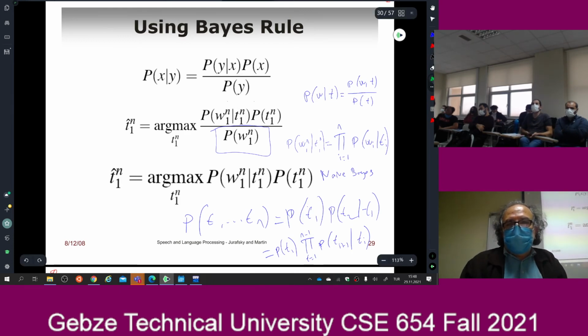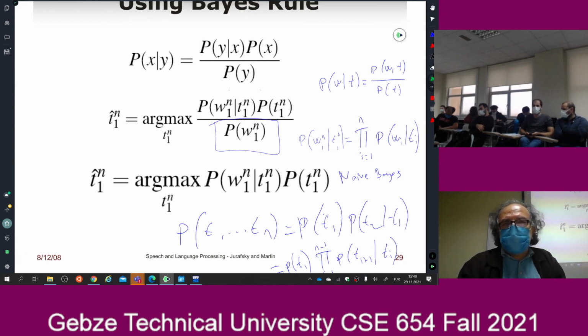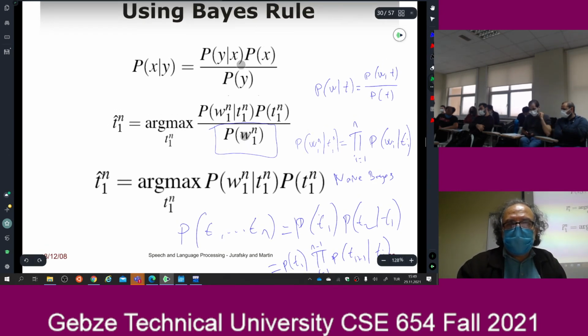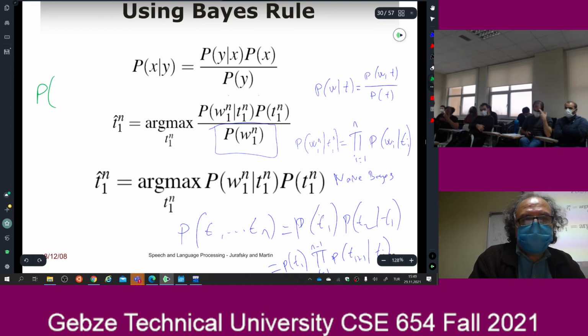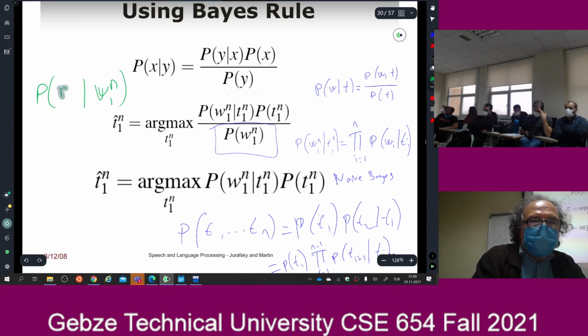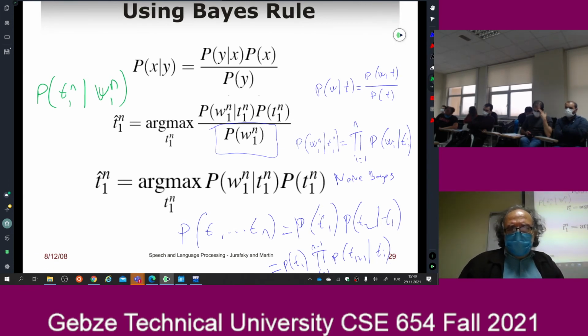Using the Bayes formula, I am writing the same thing here. Instead of writing P of tags 1 to n given words 1 to n, I write it this way, and ignore this part.